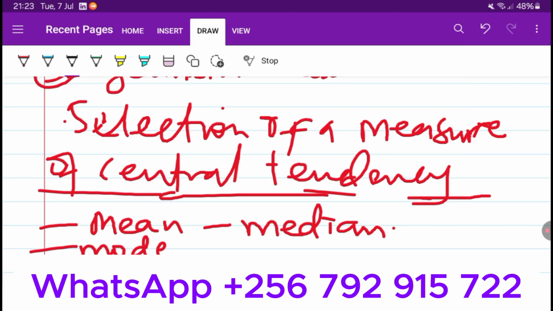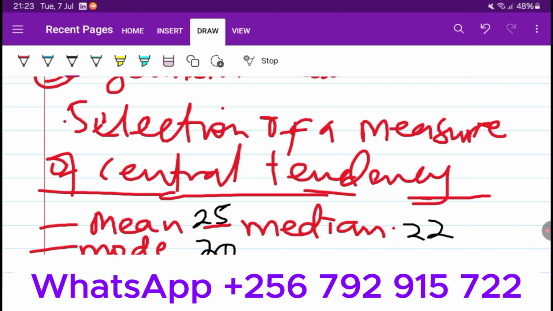In other words, let's say my mode is 20, my mean is 25 and my median is 22. The question you ask yourself is, among these three, which represents the data set?